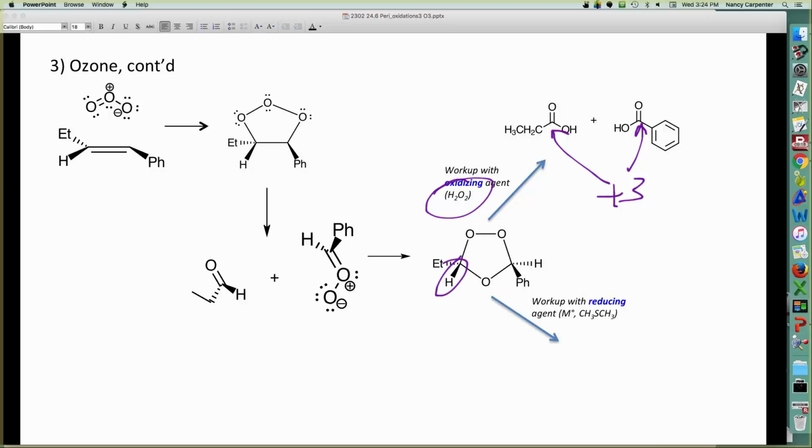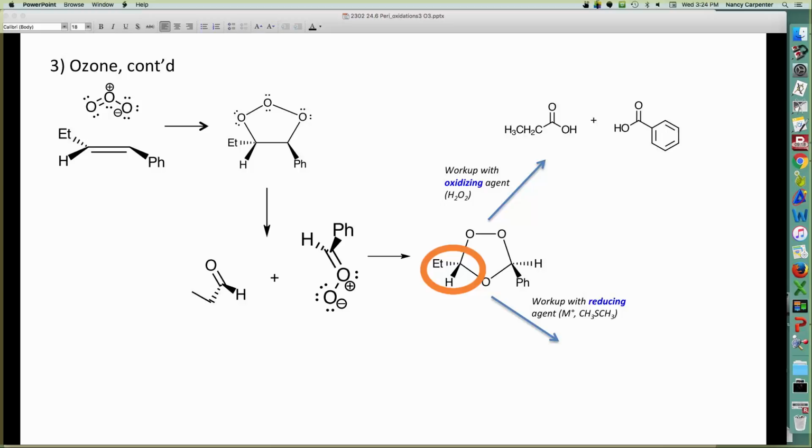oxidation state +3. If I don't use an oxidizing agent and I use a reducing agent like a zero-valent metal like zinc or dimethyl sulfide, that circled hydrogen, this guy right here, remains intact. It does not get further oxidized.